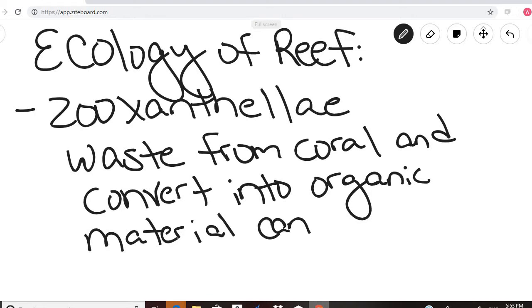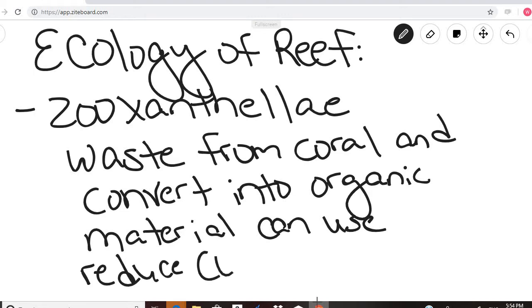So this is kind of like the ultimate recycling plant. They recycle the waste from the coral, and then the coral is able to reuse that. And then we also mentioned that they reduce the CO2 levels, and by reducing the CO2 levels, that actually helps in the formation of the calcium carbonate.